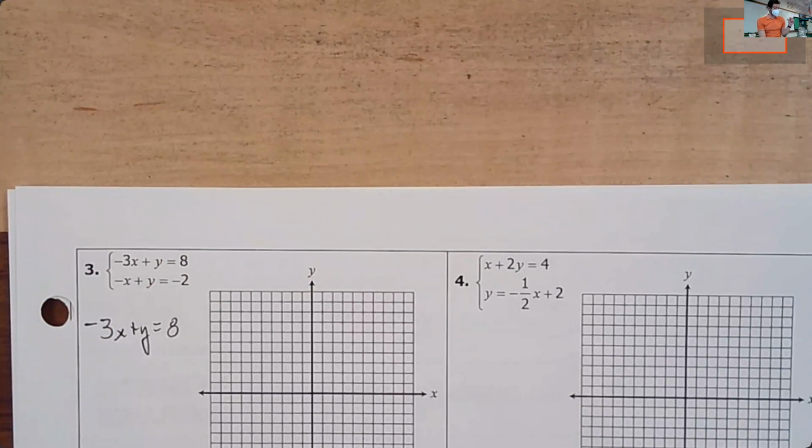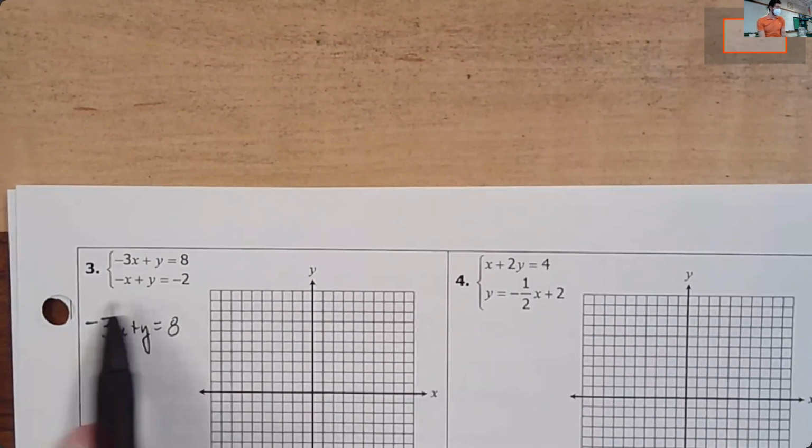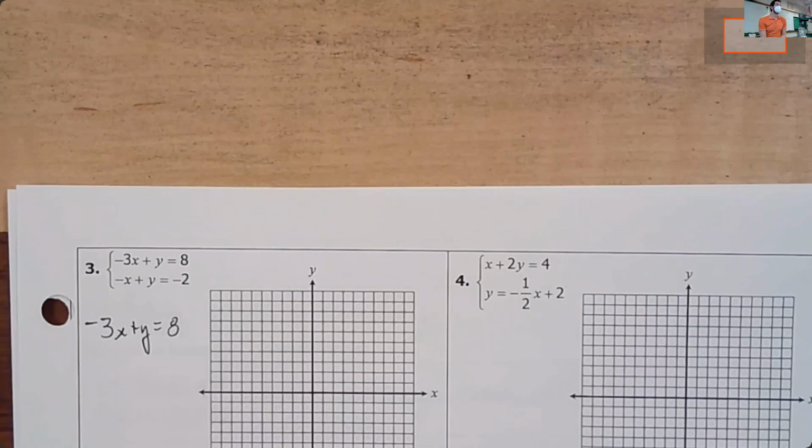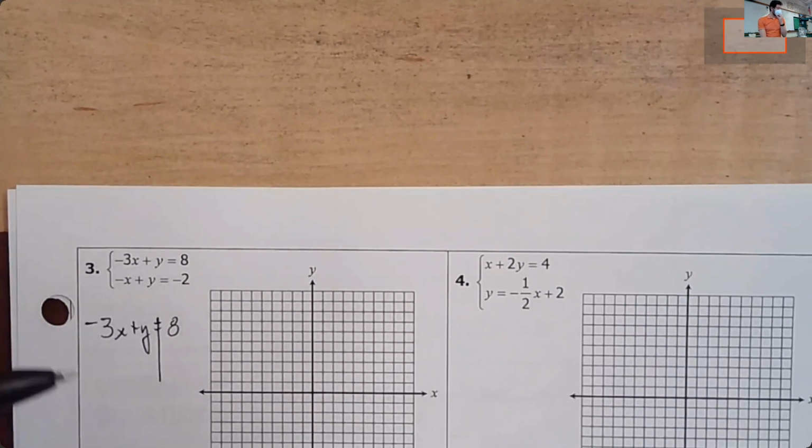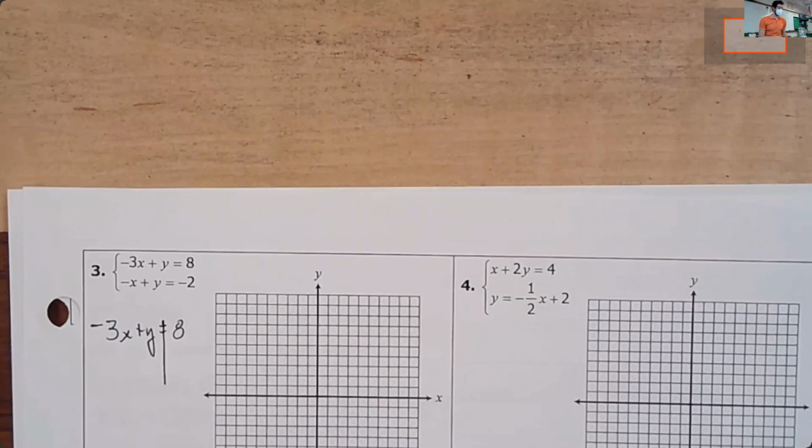Now, what's somewhat convenient is that it's only going to take one step to do this. So what do we have to do here? Somebody tell me, what are we doing here to get y by itself? What has to happen? Okay, by doing what? What's the specific thing that has to happen to get y by itself?